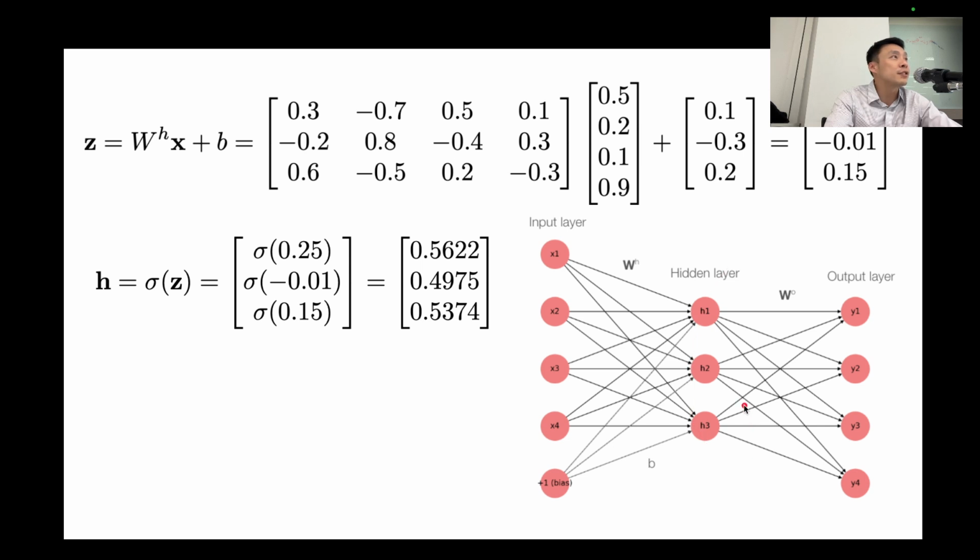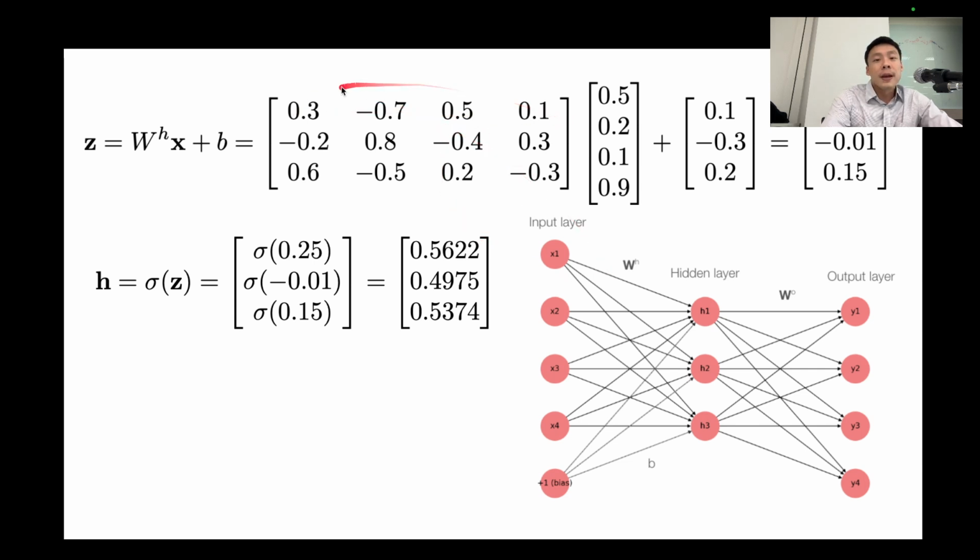A 4x3 matrix, because there are 4 units in the input layer and 3 units in the hidden layer, and all the connections will have 4 times 3, the combination of input layer to hidden layer. There'll be 4 times 3 connections, and we organize that in a matrix.